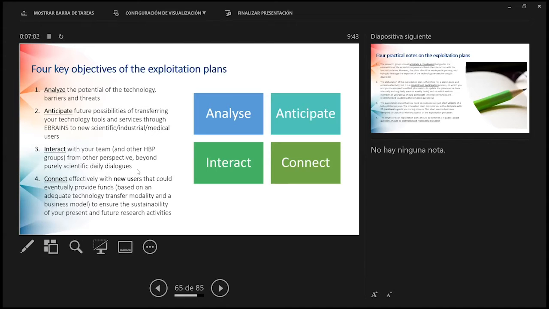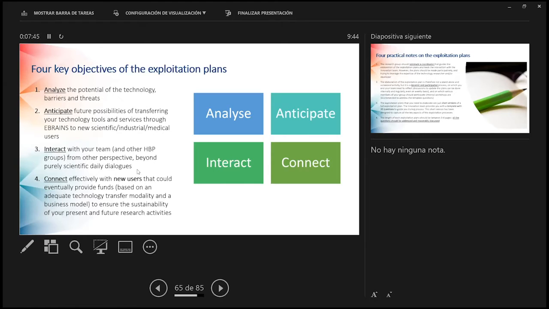Just to take some distance from the purely scientific dialogues, and to try to foster dialogues in terms of practical utilization of your work in the real world, in the operational environment, and in the user context. So interact with your team; ad hoc meetings for these purposes are really recommended, as we will see later. Fourth is to connect effectively with the new users.